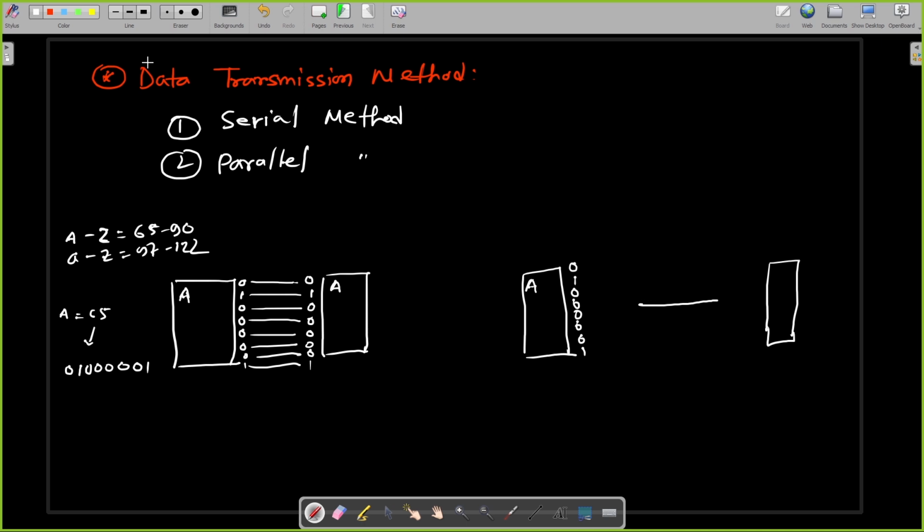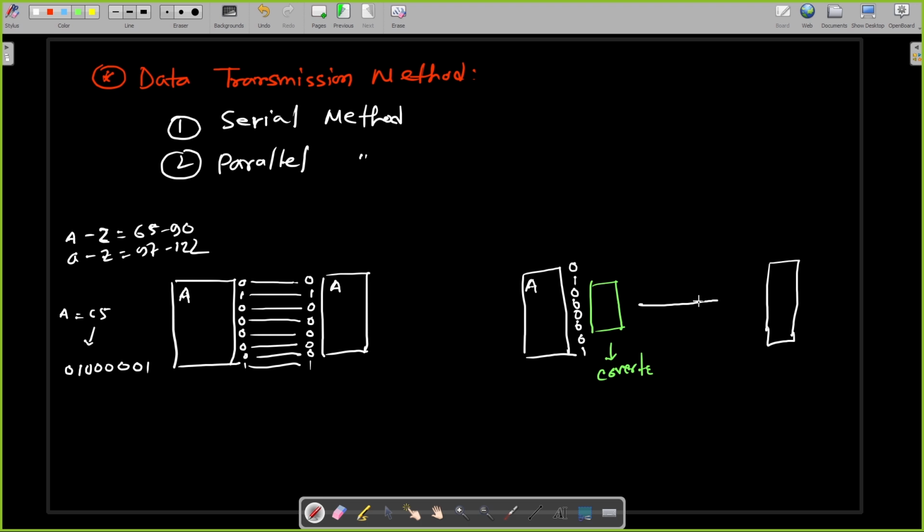That's why we need another device for sending those data. This device is a converter which can convert our bits. This is the parallel method, you know that, because 0 1 0 0.